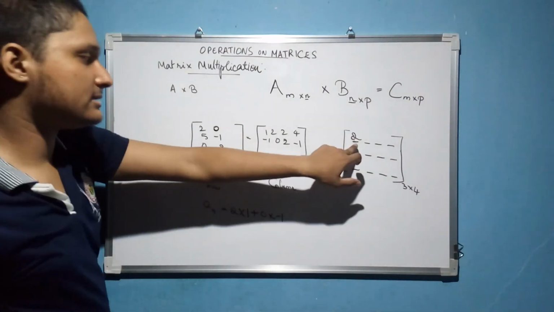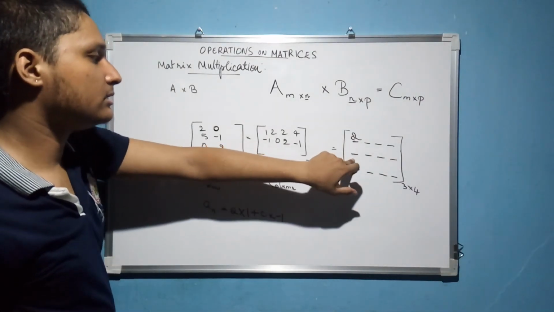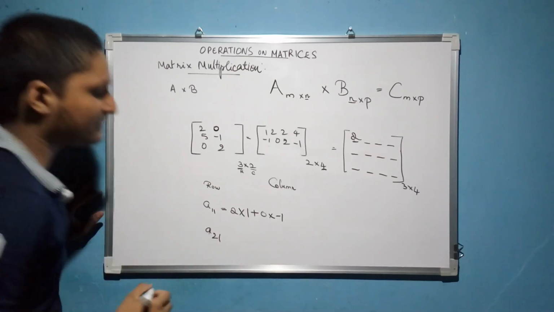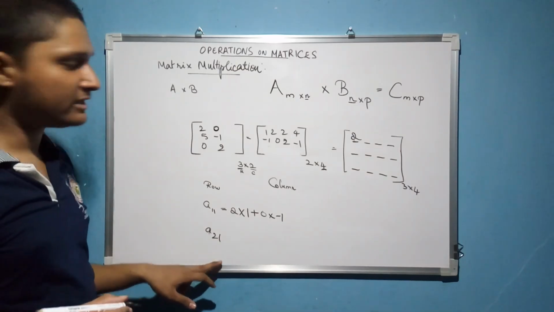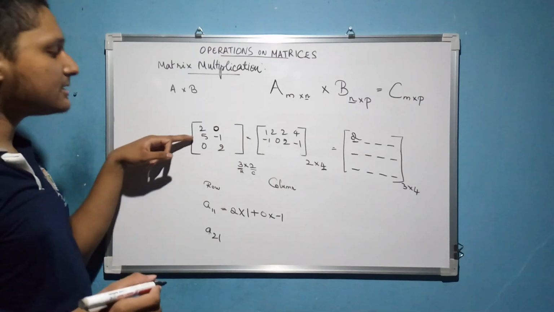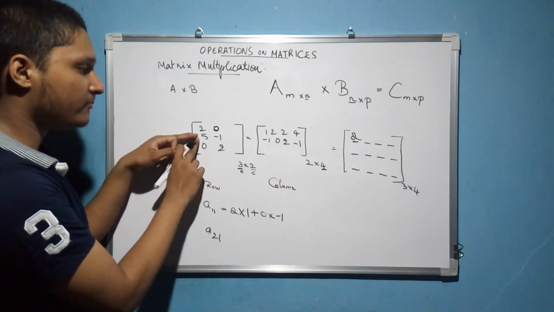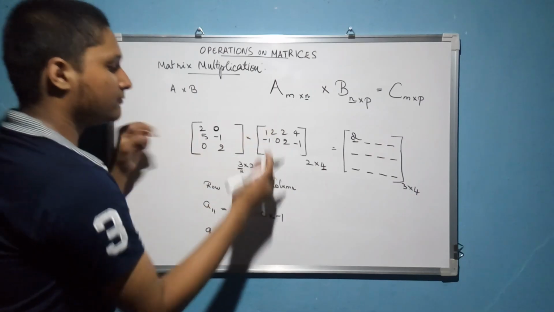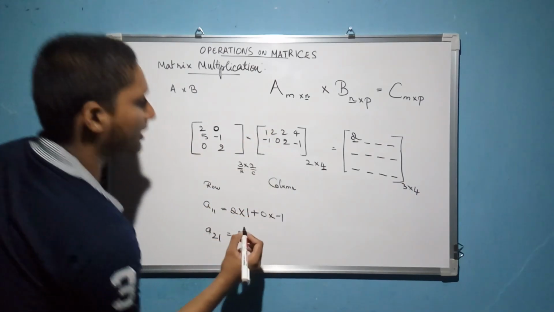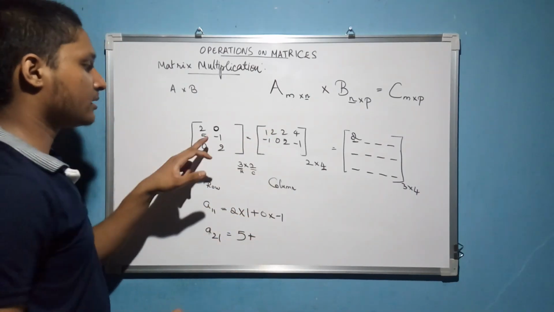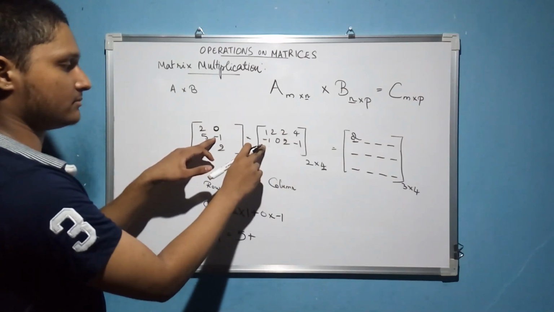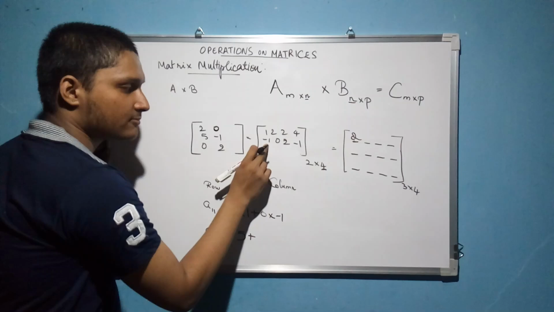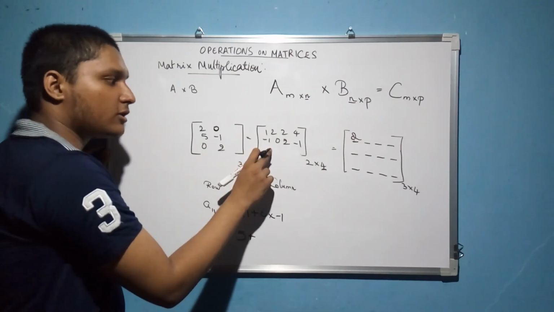Now we are going to consider this position. This position is A2 1, that is the second row and the first column. If you consider the second row, now we have 5 and the first column has 1. So it is going to be 5 into 1, that is equal to 5, plus minus 1 into minus 1, because this is present in the second row itself and this one more element is present in the first column itself.